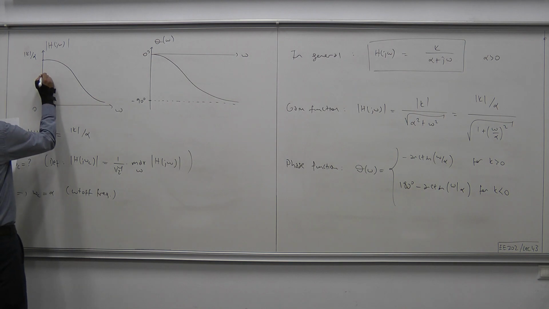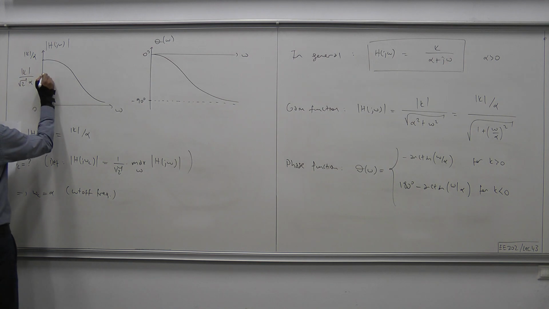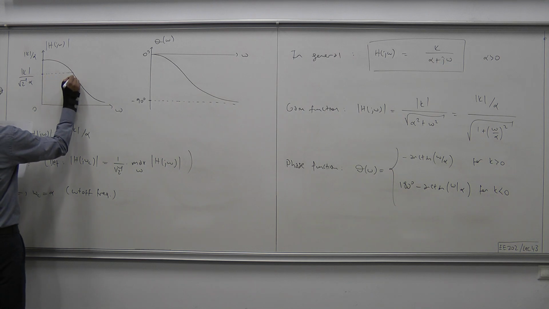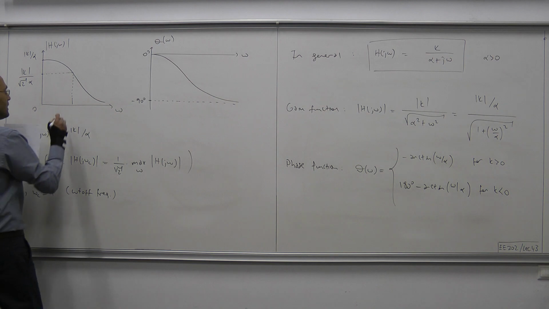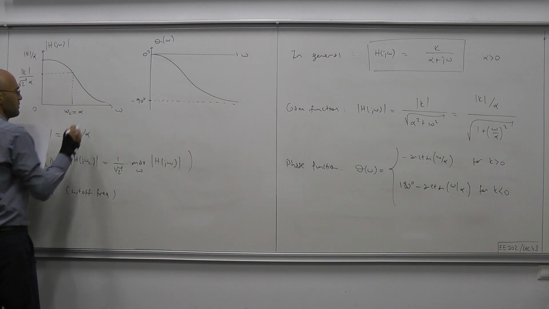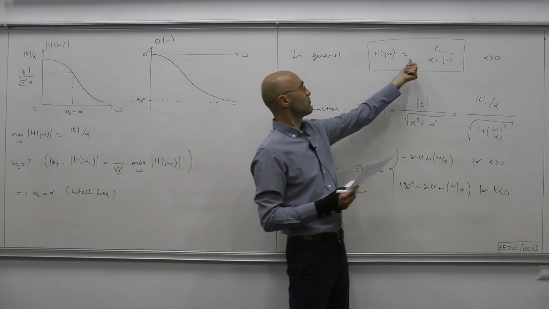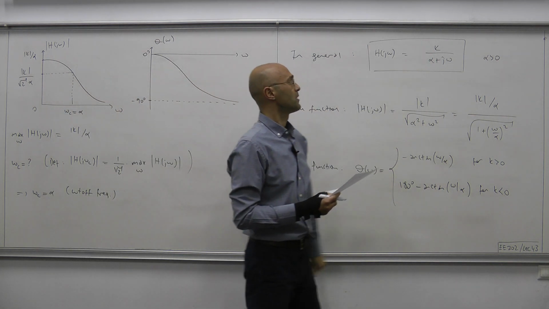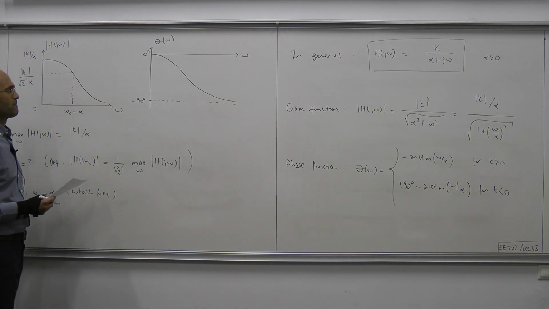Okay, so this is K over square root of 2 α, and the frequency corresponding to that is what we're calling the cutoff frequency. And we just figured out that the cutoff frequency for our low pass filter, whose general form is here in the box, equals α.